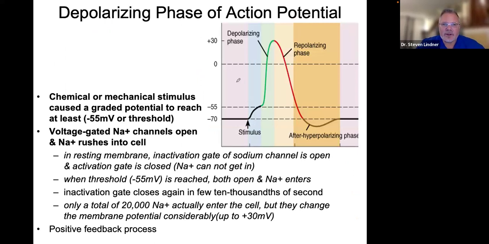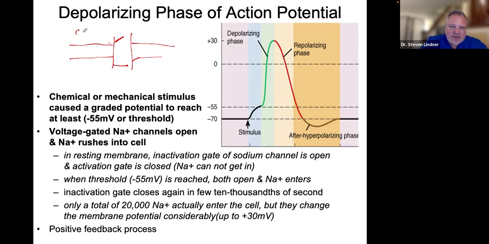So this is what you're seeing here: some sort of chemical or mechanical stimulus created this graded potential. So that means it allowed, if this is the cell membrane wall, and you have your channel here, here's your inactivation gate, and here's your activation gate.